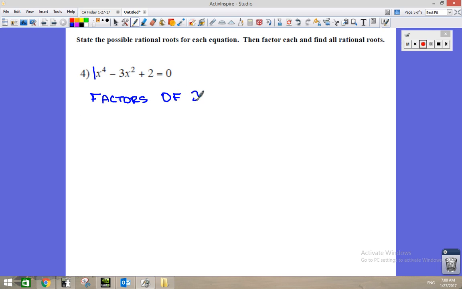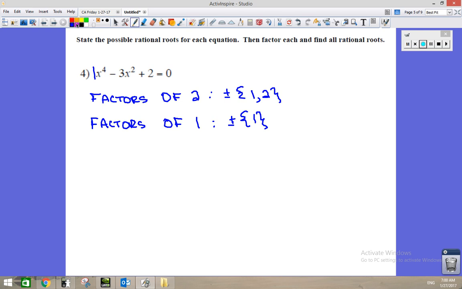The factors of 2, my constant term, are just 1 and 2. And the factors of my leading coefficient, because this is in standard form, it's just plus or minus 1.